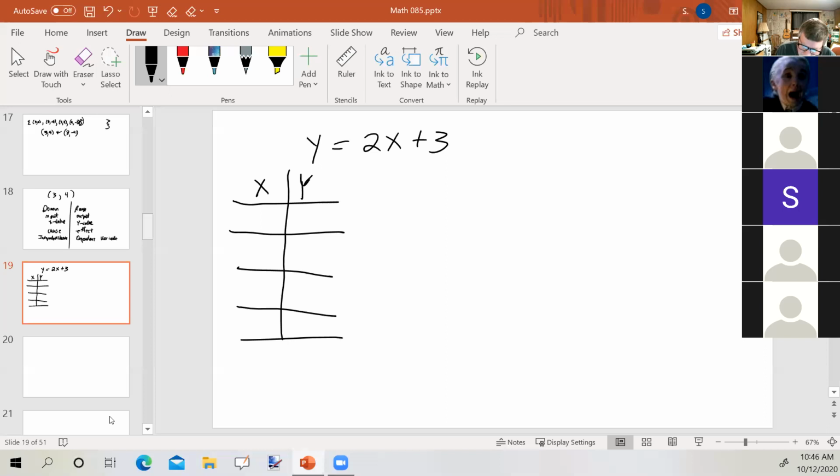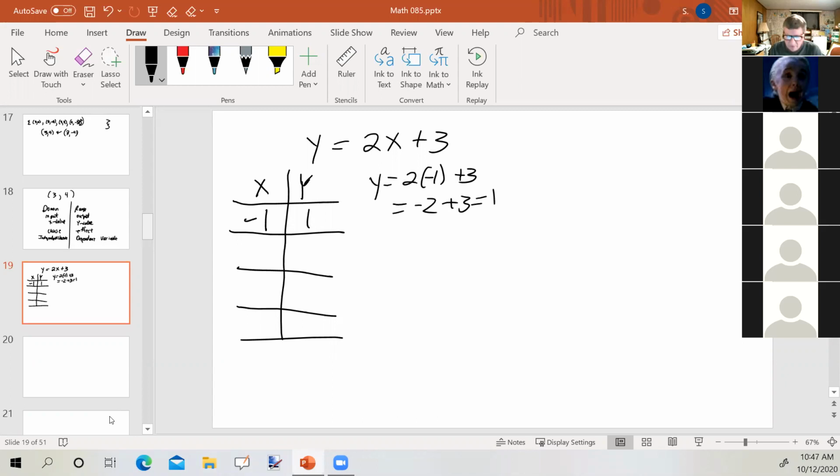All right. Suppose x is -1. How would we find y? You're going to plug in -1 for x, okay? So y equals 2 times -1 plus 3, which is -2 plus 3, which is 1. So when x is -1, y is 1.